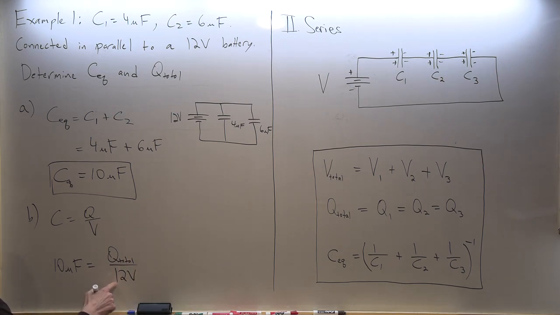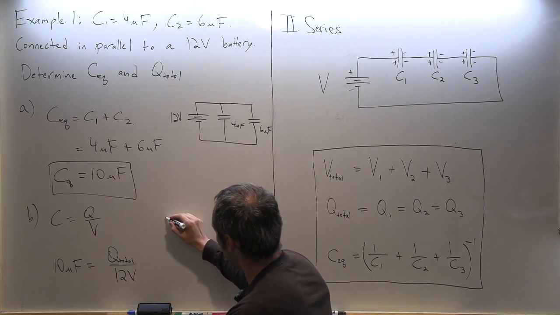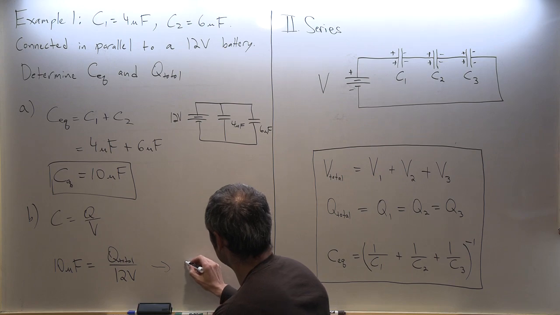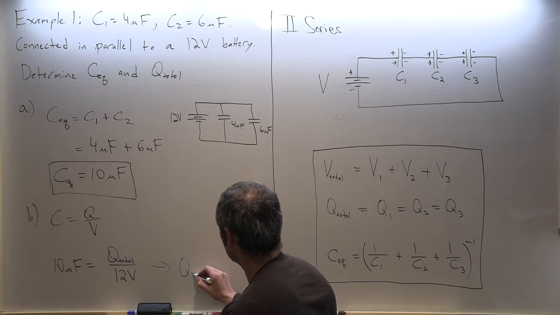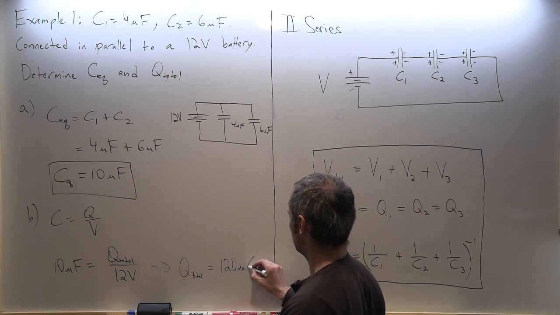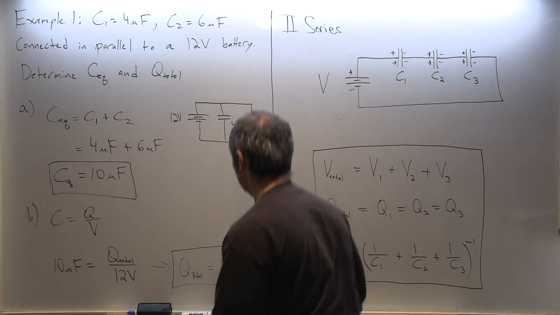Total capacitance, total volts gives you total charge. Multiply the 12 to the other side, and basically you get, maybe I'll do it right here, 120 microcoulombs.